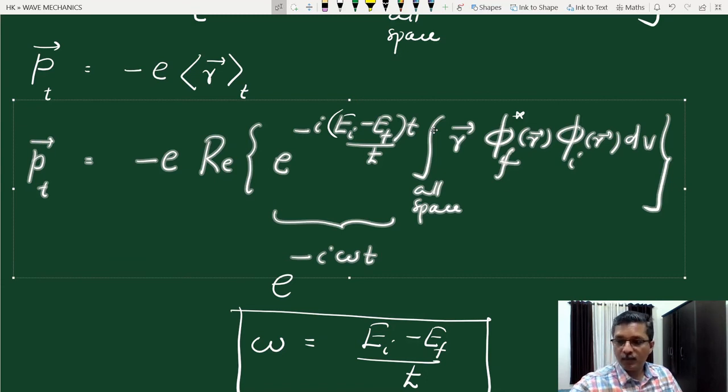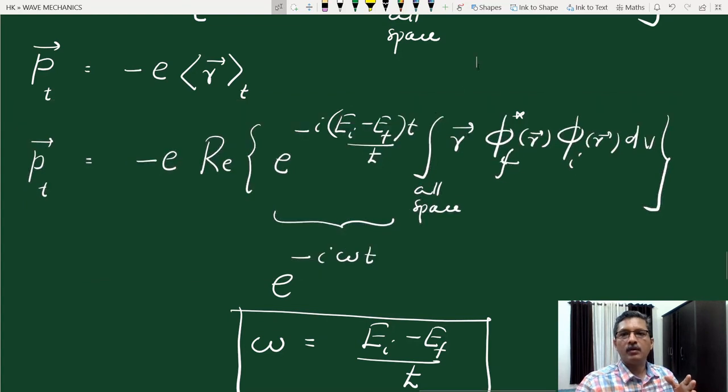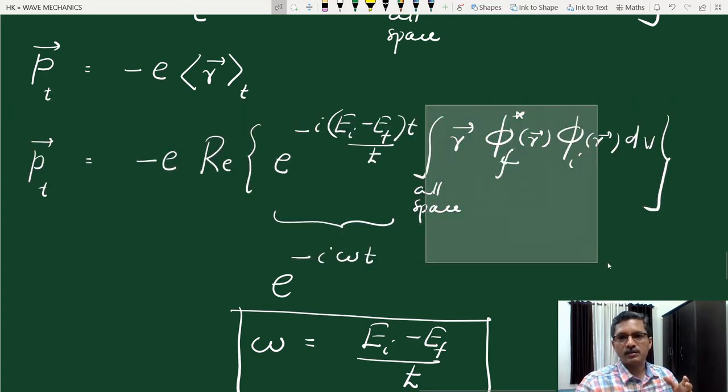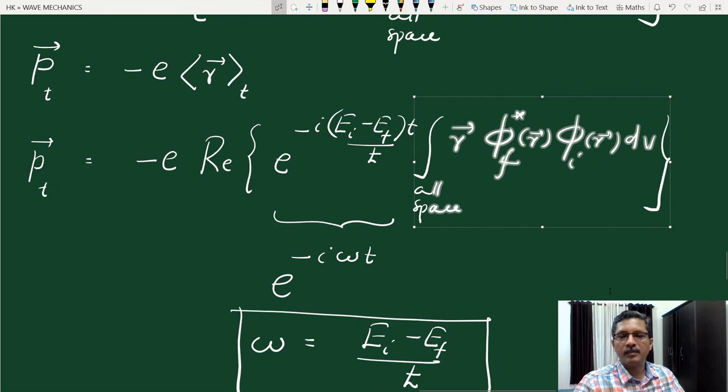Even if a dipole moment is there, it is not oscillating, so no radiation is emitted. If this is non-zero, there is some radiation emitted. We know the frequency of radiation is Ei minus Ef by h cross, and the condition for this integral to be non-zero are the selection rules between L values and ml values.